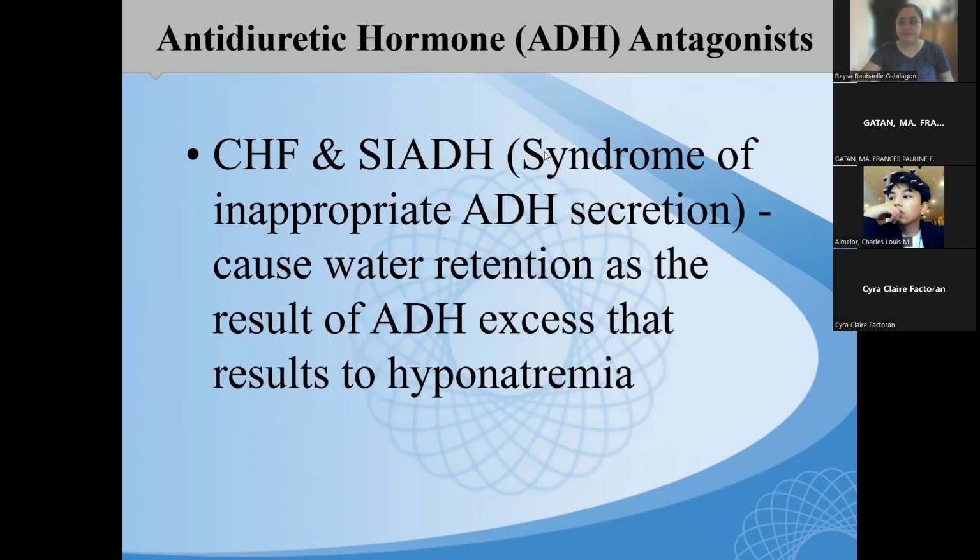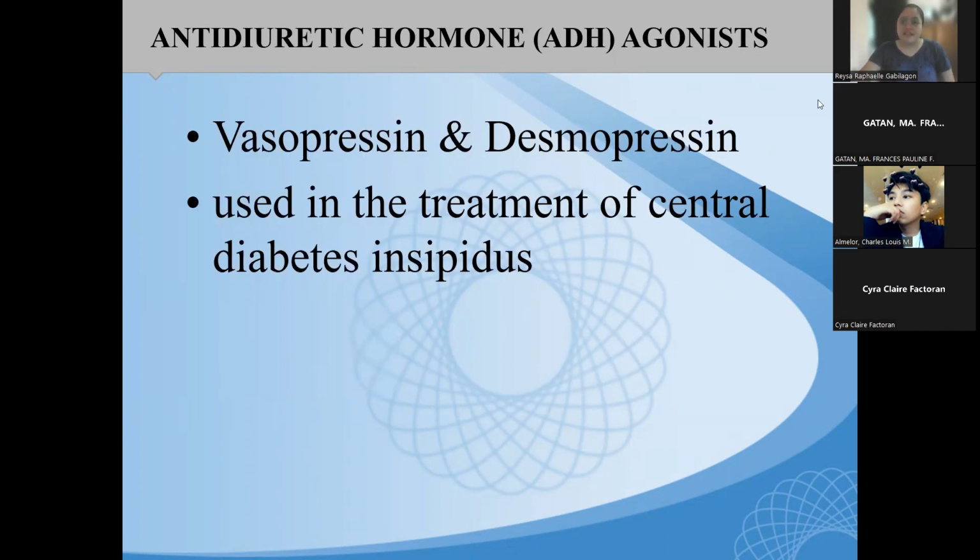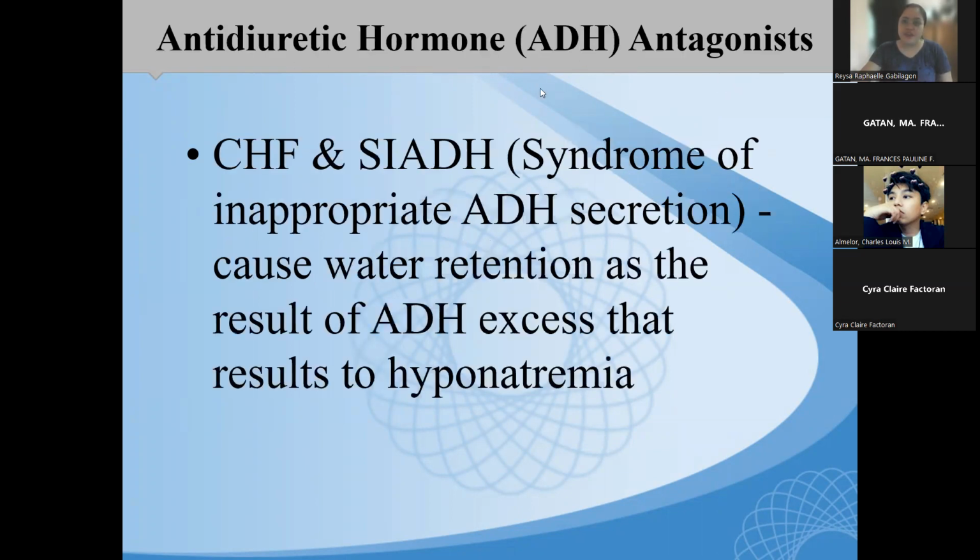Clear. And then, of course, if we have an agonist of the antidiuretic hormone, we also have antagonists. Okay, antidiuretic hormone antagonist. Our goal here is to antagonize the activity of the antidiuretic hormone to help the patient urinate.